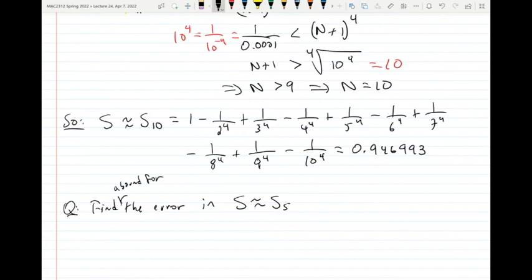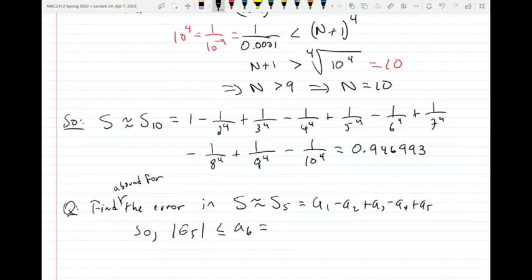So what does the theorem say? The error is bounded by the first term that you ignore in the approximation. Do you understand that sentence that I just said? Okay. What's the approximation that we're making here? In this case it would be A1 minus A2 plus A3 minus A4 plus A5. Yes? That's what the approximation is. So, by the theorem, the error is less than or equal to what? A6.